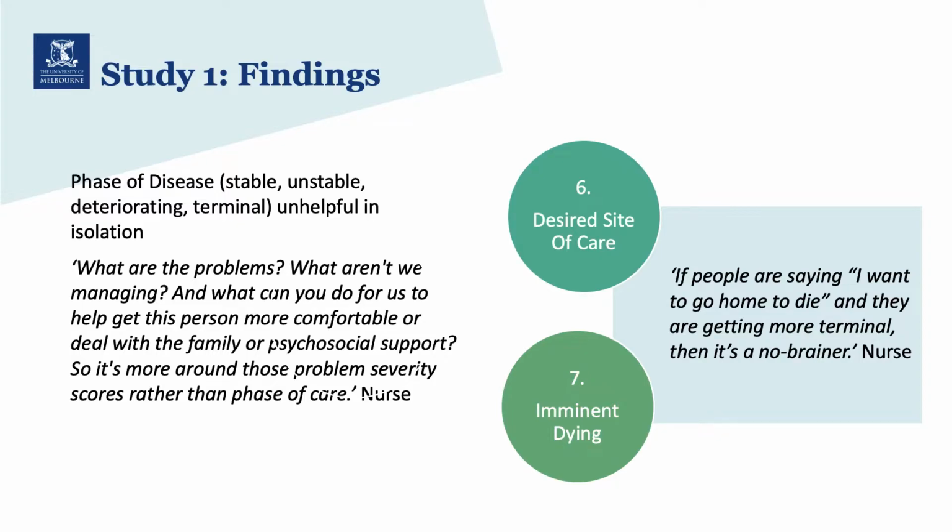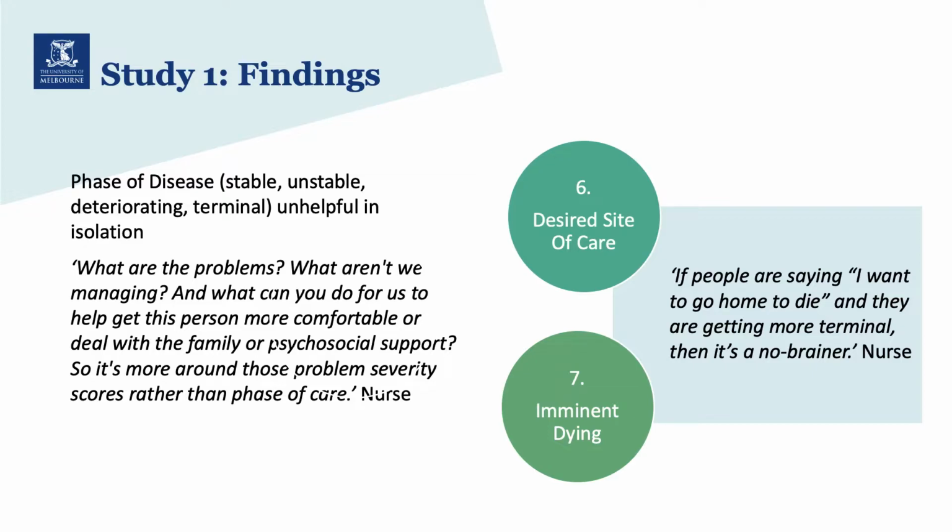So our participants described the unstable phase really being characterised by severe problems in at least one or maybe more of the other domains we've already mentioned, like physical suffering, psychological suffering, caregiver distress. So there's something that's severely going wrong that would be captured by those other domains. And is inherently, by definition, urgent.